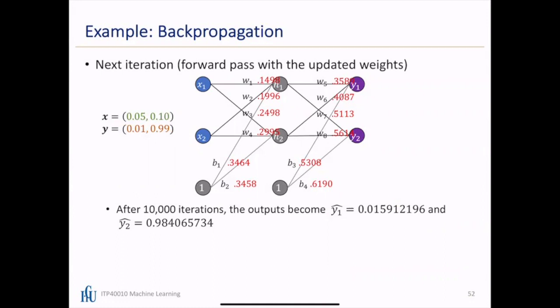And like this, you are gradually moving the W values so that you can eventually get some value very close to the actual outcome using the model. So if you do the same 10,000 times, you can get this value for Y1, this value for Y2. So this is illustrating how backpropagation is working.